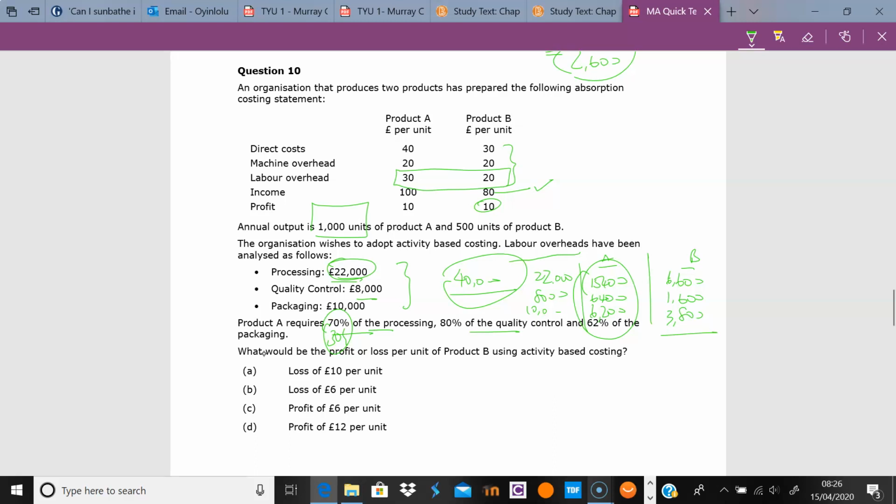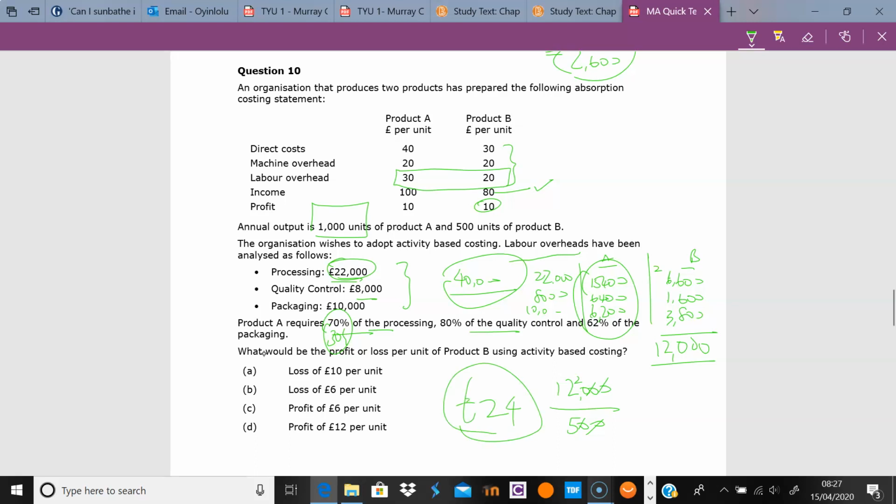They want me to focus on B though. So just doing this: 0, 0, 6 plus 6 is 12, 2, 8, 9, 12. So I have 12,000 as my overhead, and it tells me that I have 500 units. So there we are, and so that gives £24.